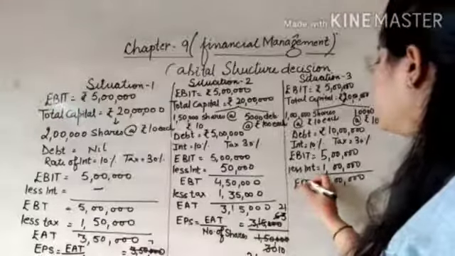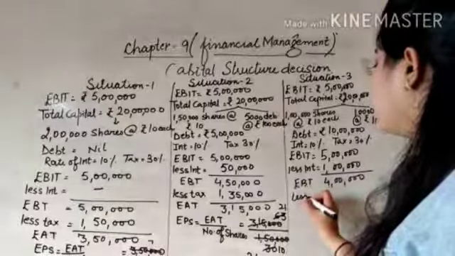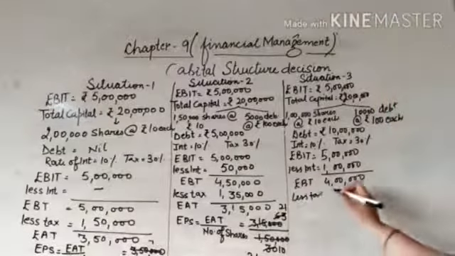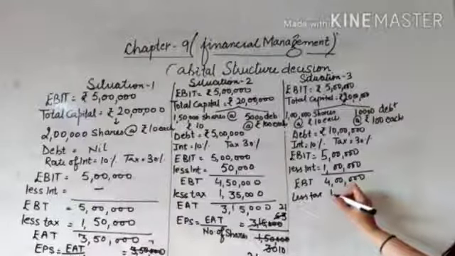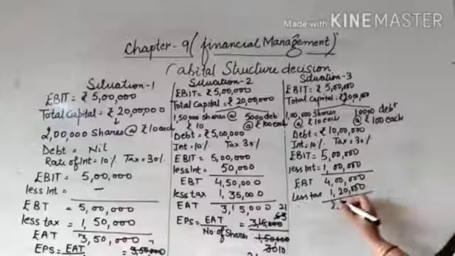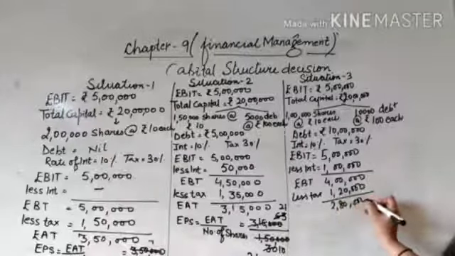This is your EBT, less tax at 30%, 1 lakh 20,000, it is 2 lakh 80,000.